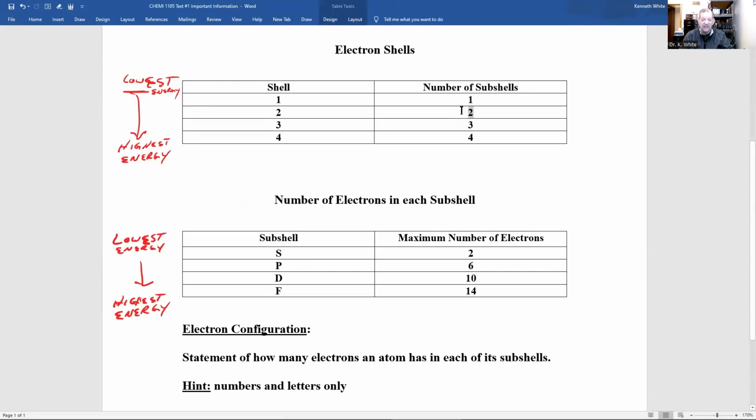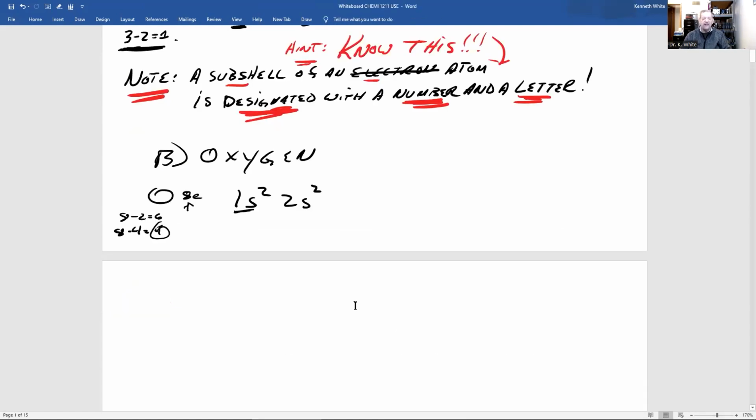Shell 2 has 2 subshells. The second subshell is 2p, and I can put a maximum of 6. So I'll now write the second subshell of shell 2, say that 5 times quickly, 2p. How many electrons do I have left to go? 4.